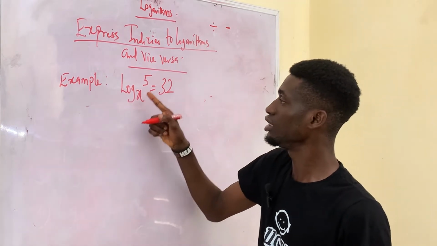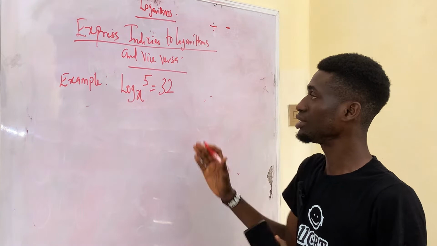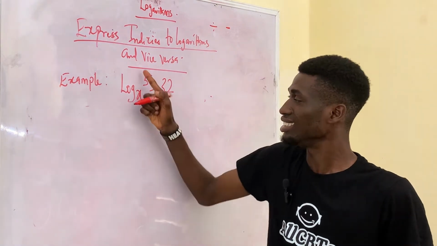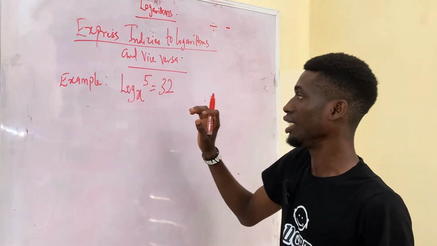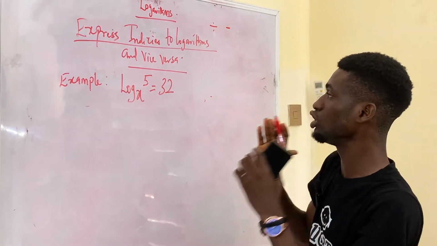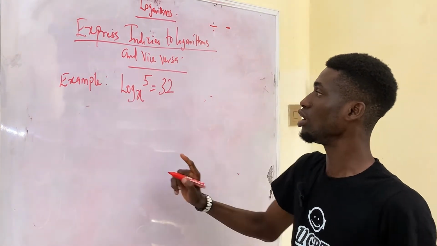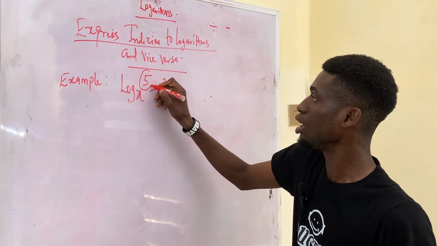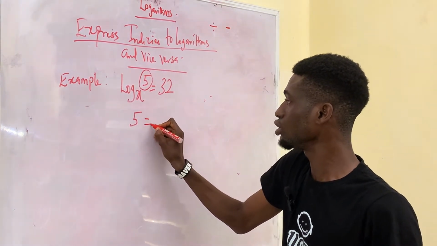Now, if I want to change this logarithm form to indices form, what I'm trying to do is that I want to eliminate this log from this question. In the case that my answer there won't be log, it is just going to be pure numbers. Now, if I want to eliminate this log, this power, I'll write it out. I have it as 5 equals to.